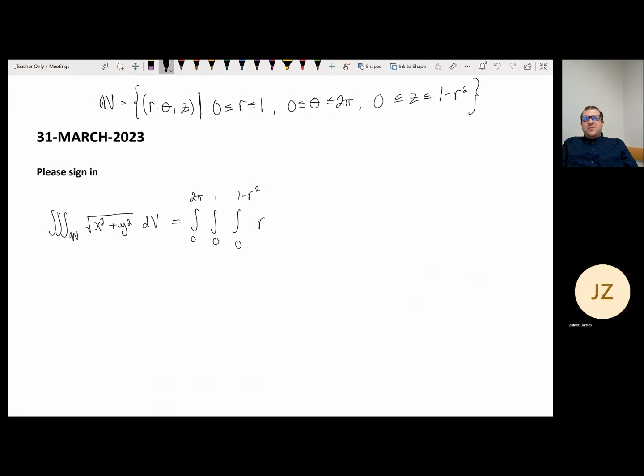Well, it's fairly straightforward. It is the exact same as polar with an extra dz. So in cylindrical, dv is r dz dr d theta.